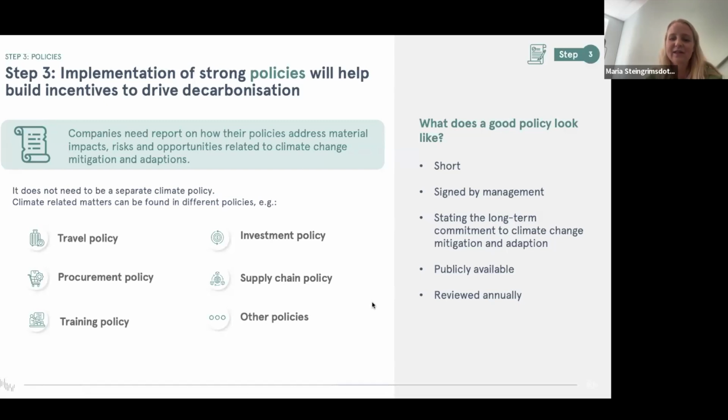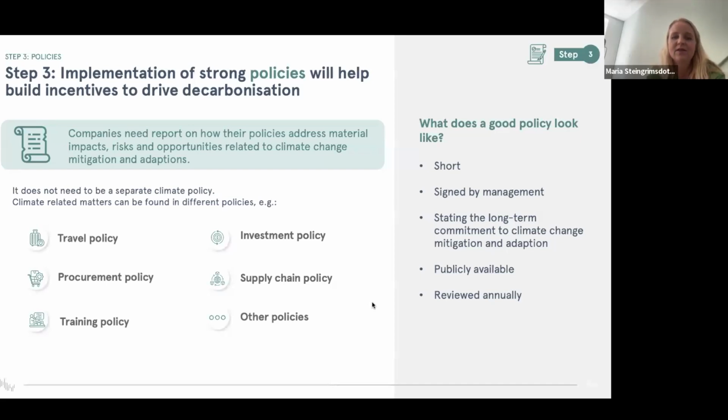And our clear recommendation is to include climate-related matters into already existing policies. In this way, your employees will work more closely with the policies, and thereby the policies will be more effective.